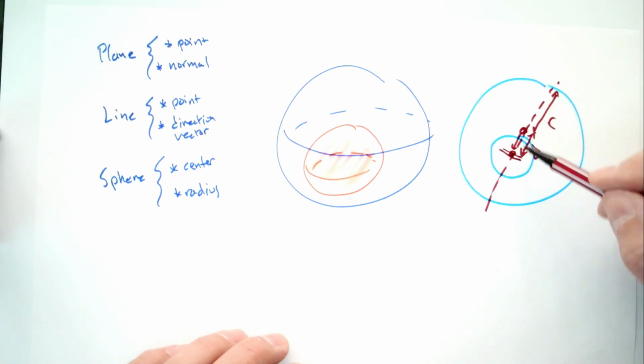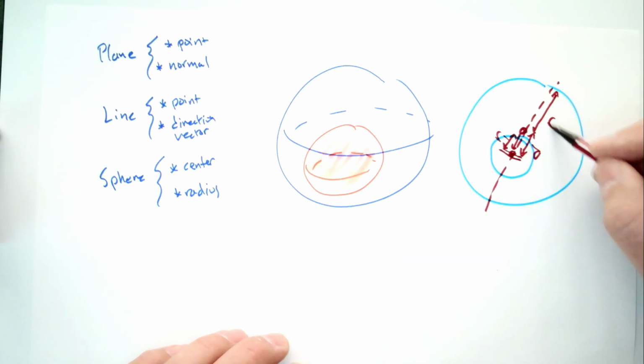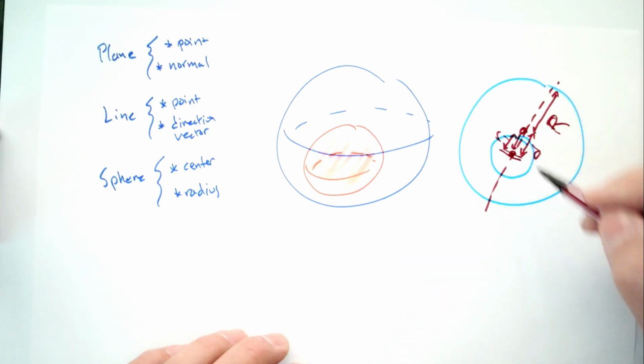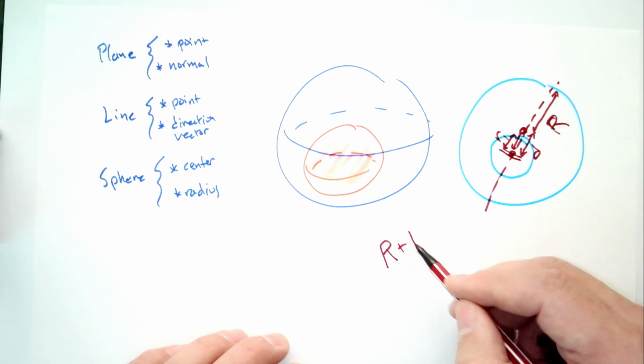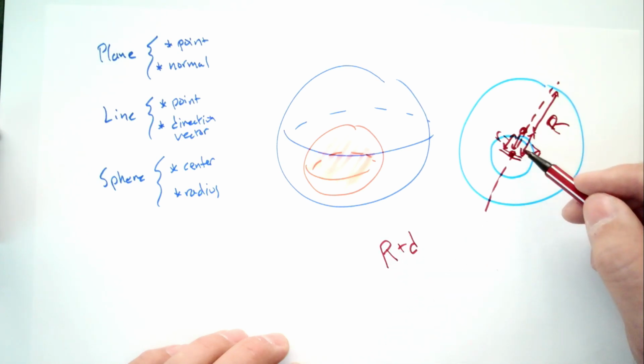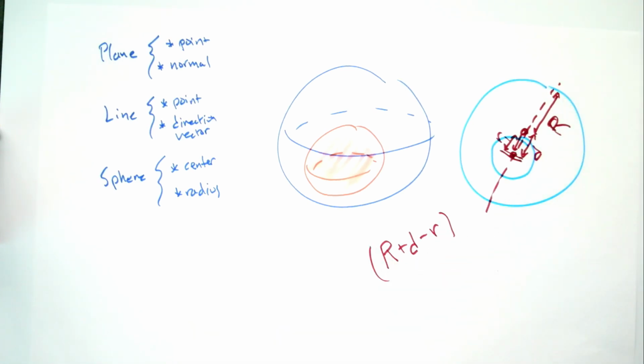And then, okay, what else do I have? I have this smaller radius in here, r1. I'll call the big radius capital R and the little radius little r. So if I take the big radius plus the distance between the centers minus the little radius, that distance there, this is getting convoluted because I'm trying to make this problem up while we talk.